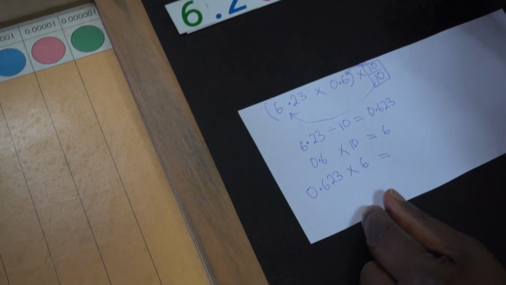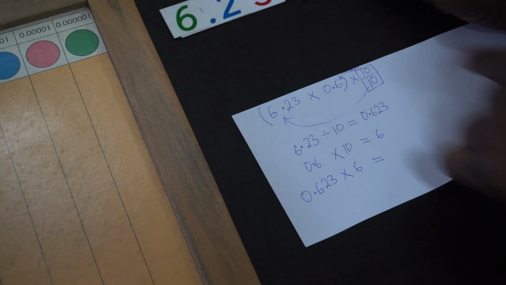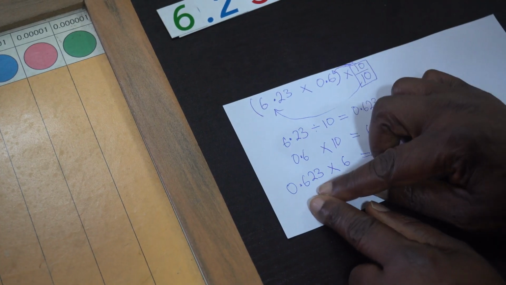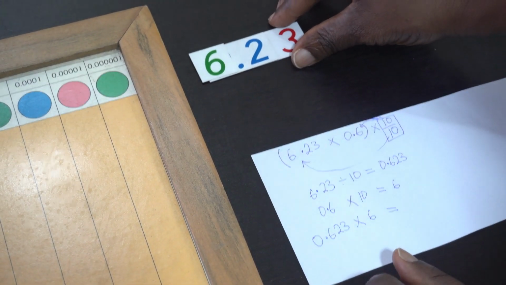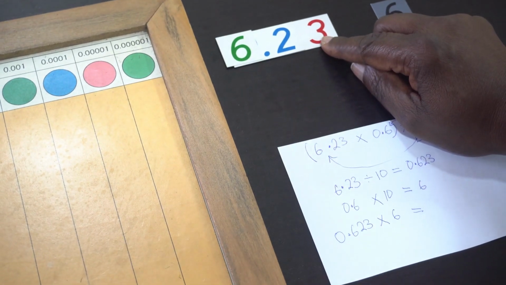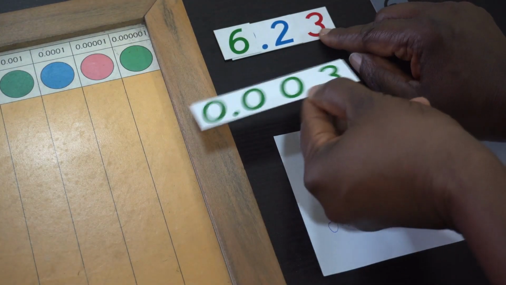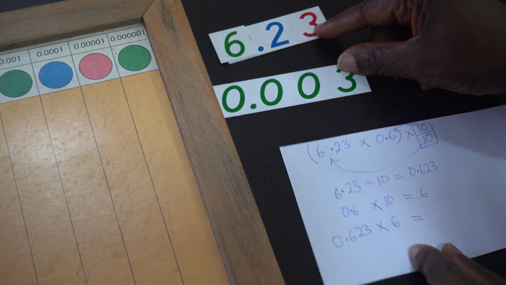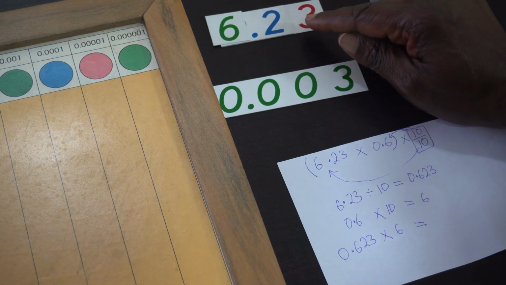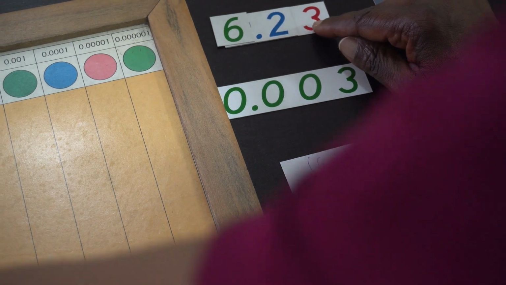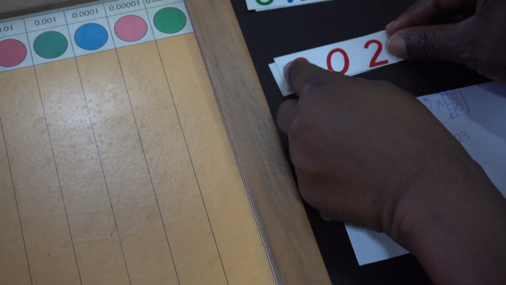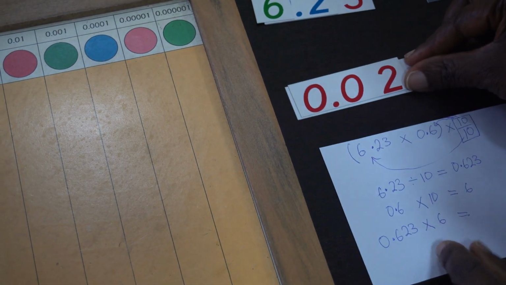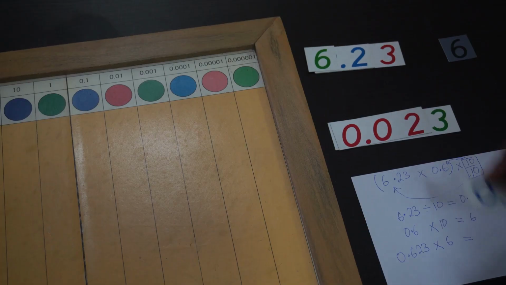Now we can use our material to do that. So we change this to 6 whole number, and this now is 623 thousandths. So let's change that. 3 thousandths, 2 hundredths, and we have 6 tenths.